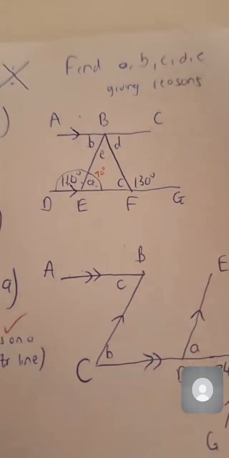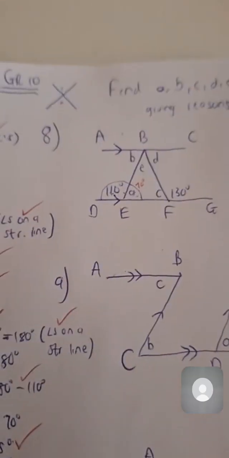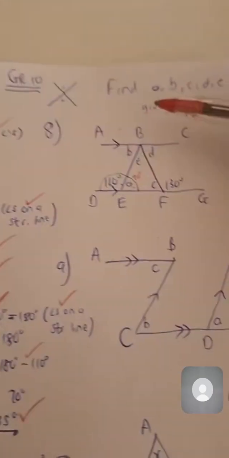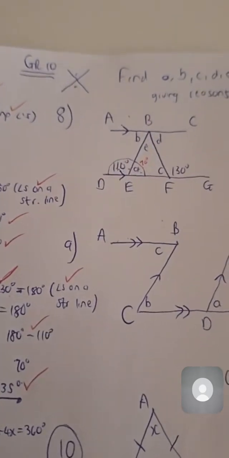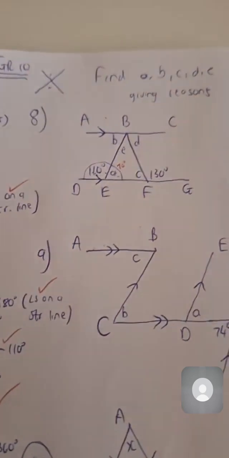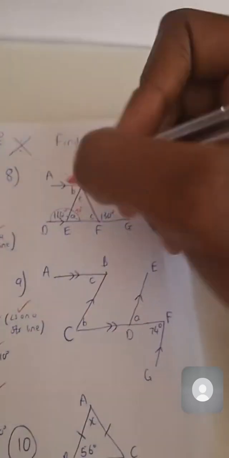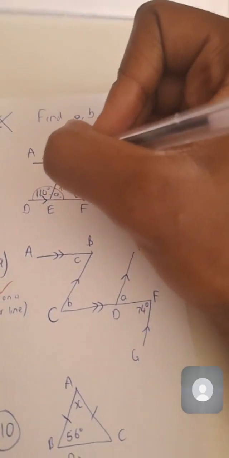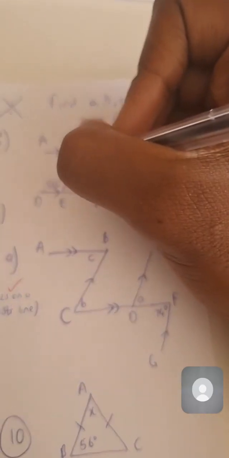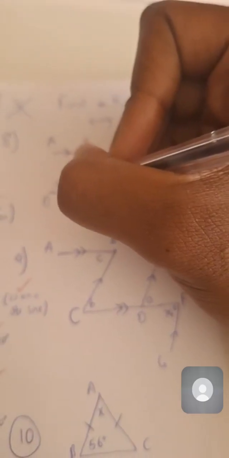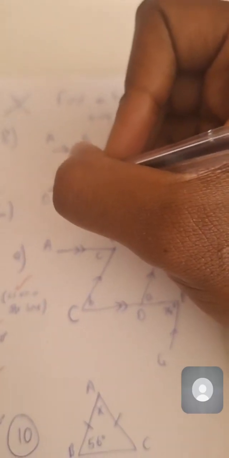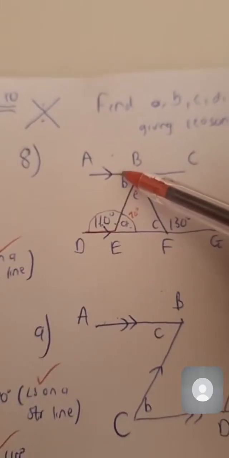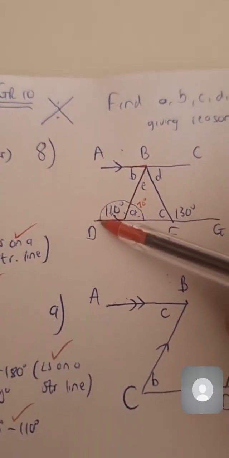Reason: co-interior angles in which AC is parallel to DG. Now, I just want to check co-interior. We know co-interior means U shape. So that's our parallel line. We're going down the side, back. That's the parallel line. So that forms a U shape.